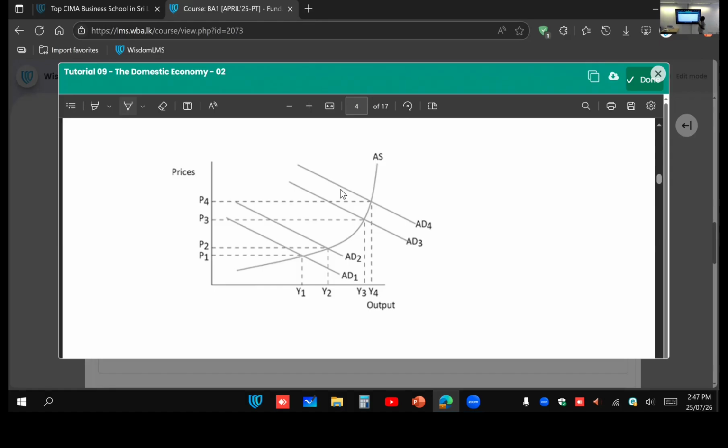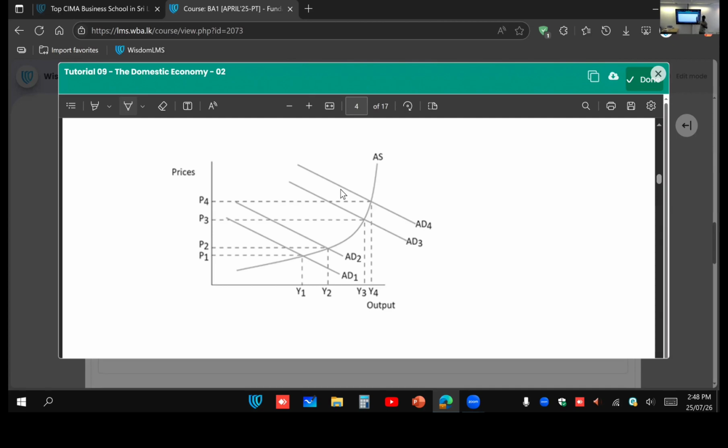It can happen. So if the aggregate demand curve moves to this side, that is a rightward shift. So has aggregate demand increased or decreased? Those who say increased? Those who say decreased? Right. This is increased.